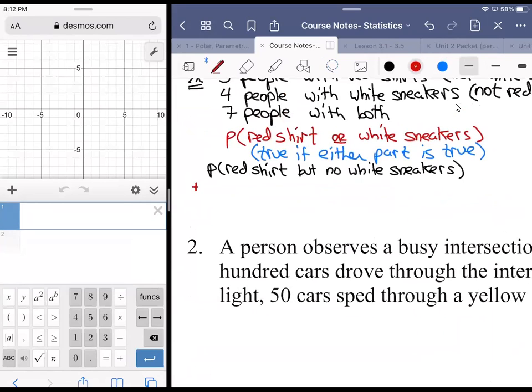right, so plus the probability of white shirt, but no, oh, sorry, white sneakers. Geez, white shirt. Where did the white shirt come from? White sneakers, but no red shirt.